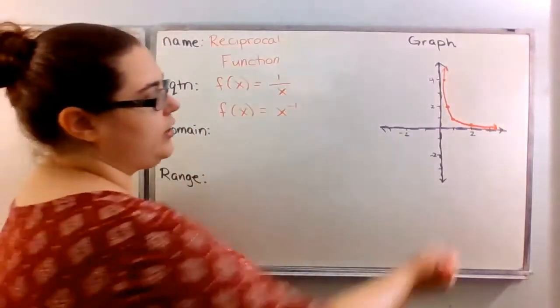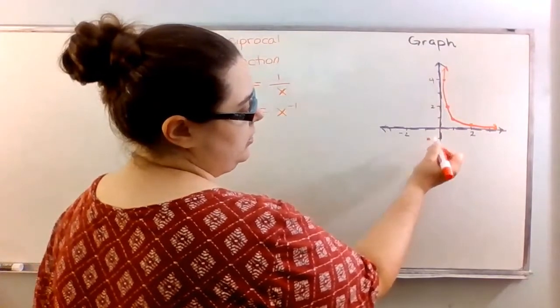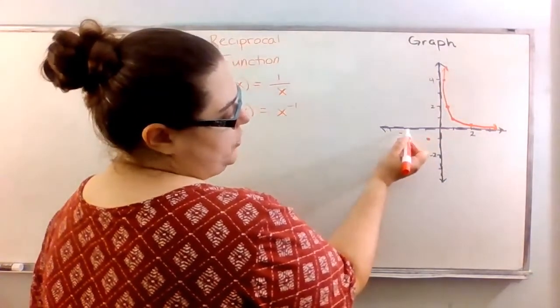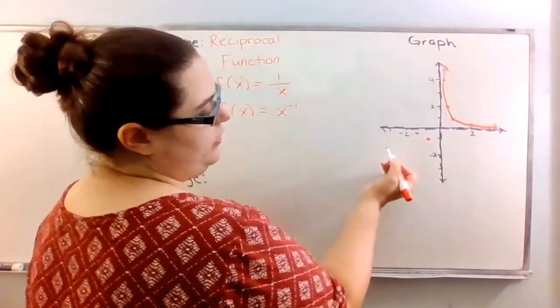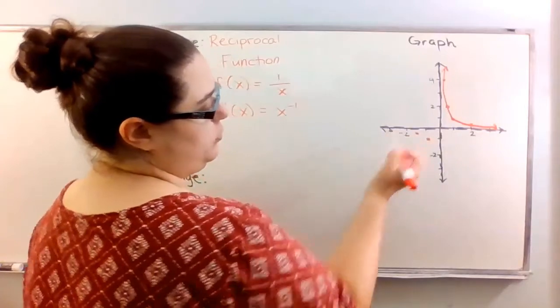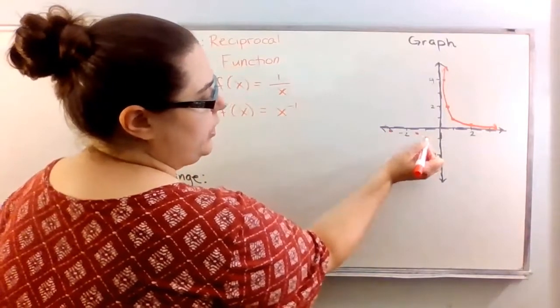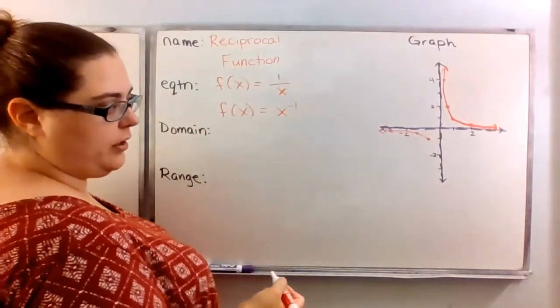So if I take -1 and I find its reciprocal, I get -1 back. The reciprocal of -2 is -1/2. And the reciprocal of -3 is -1/3. Kind of approximately there. So we're going to get the same sort of horizontal asymptote happening there.